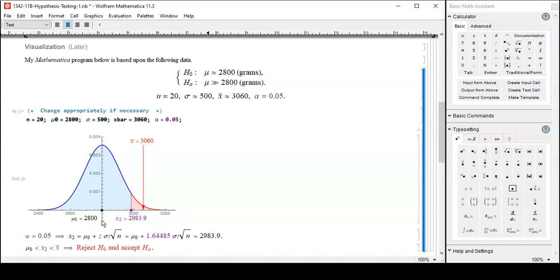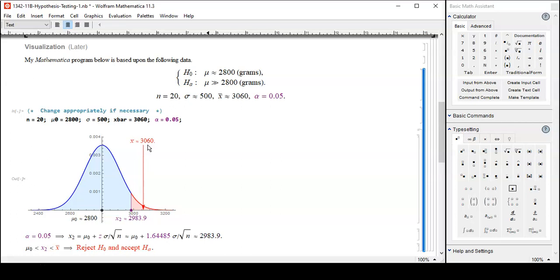Null is 2,800, see? And then anything further than that, I'll accept that 5% chance of making a type 1 error, and then just go with alternative.